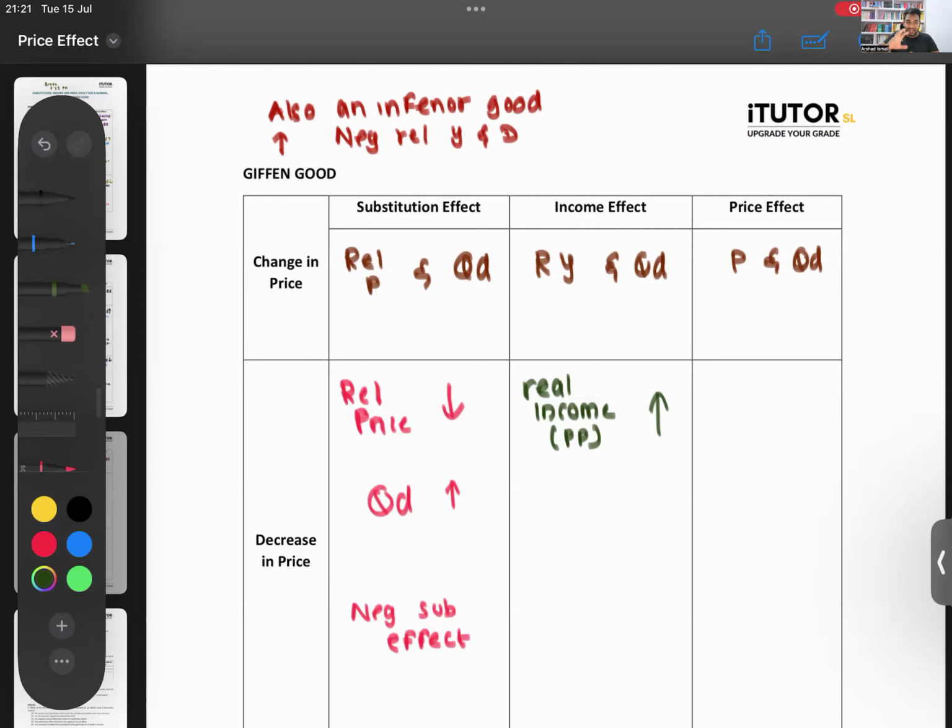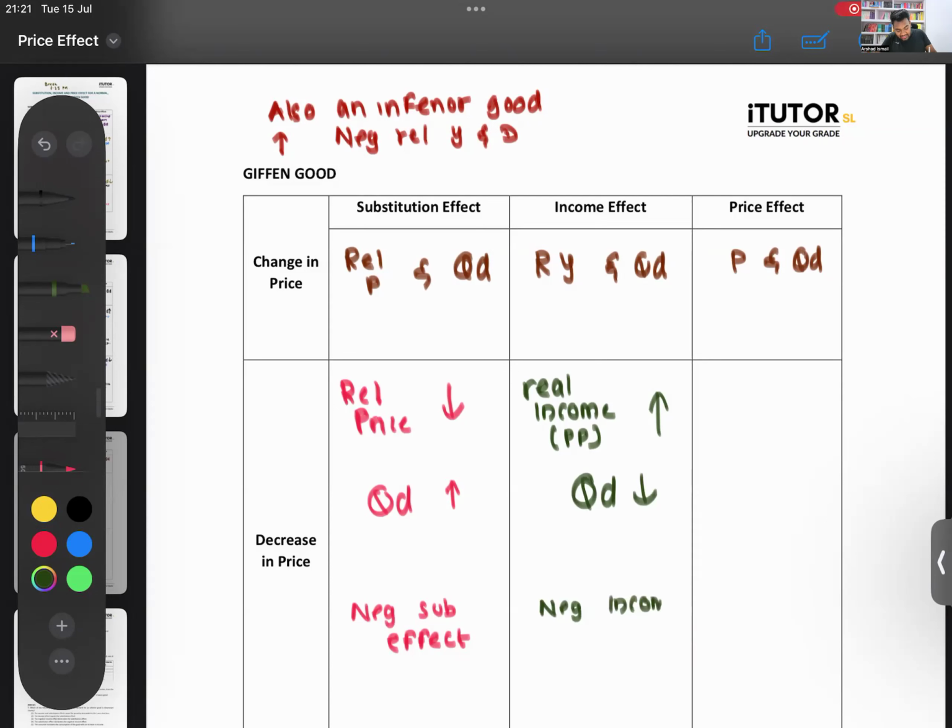When the real income increases, you don't go and buy more rice. Now you eat kottu for dinner. Rice never. Lunch now you might, let's say, have a pizza. So when real income increases, Lamai, QD will come down. So then what is the income effect? Real income increasing, QD reducing. Income effect is negative.